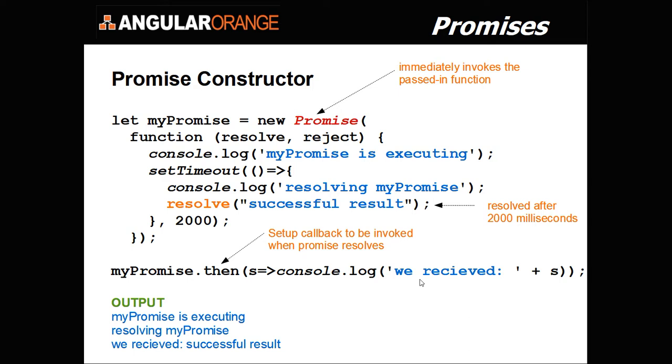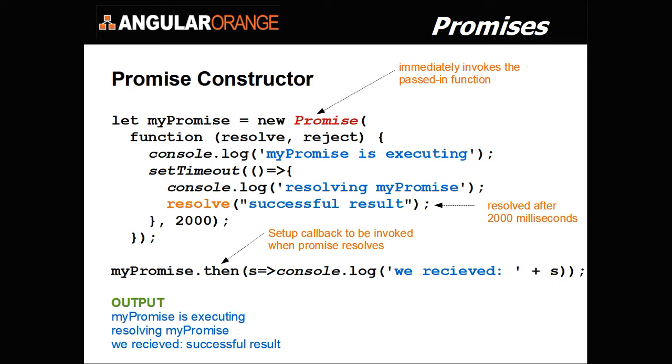In this case, it's a string, so we received this string. So the output looks like this. "My promise is executing", and then 2 seconds later we see "resolving my promise", "we received successful result".